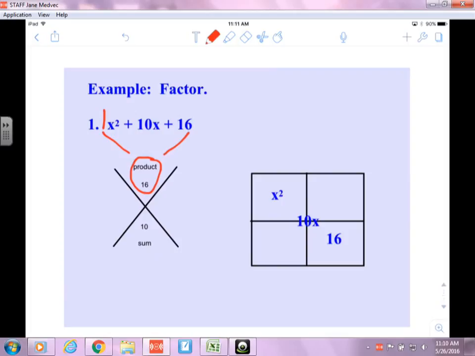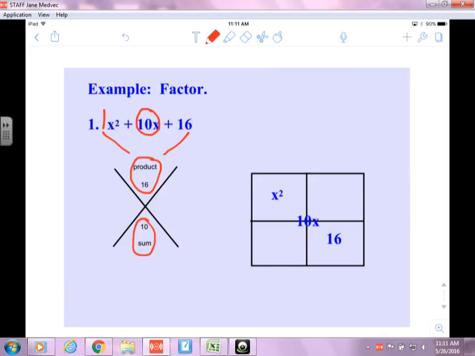So I took the A term and the C term and multiplied them together. The term where it says sum, that is the B.